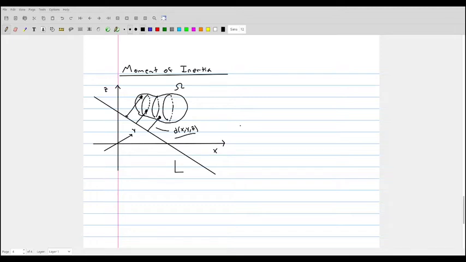So we can talk about the moment of inertia, and we can directly go through and define the moment of inertia, or the inertial resistance of the region omega to rotation around the line L. And this is directly, again, due to Riemann sums.